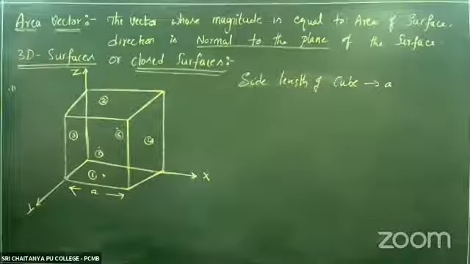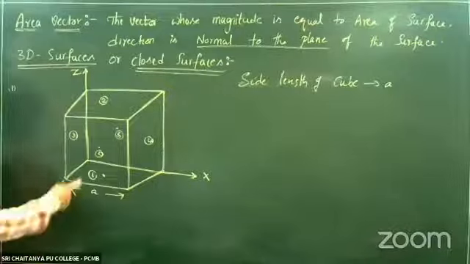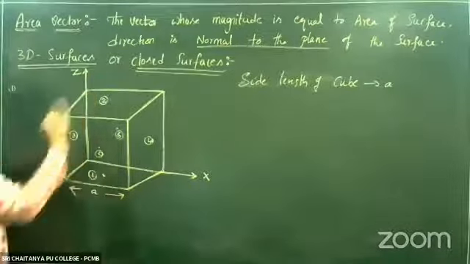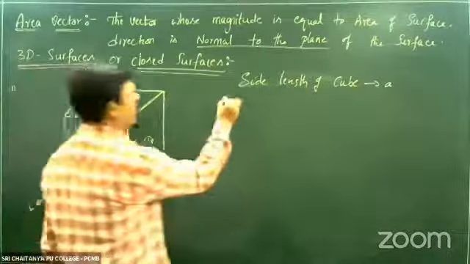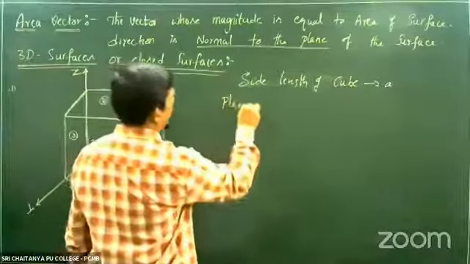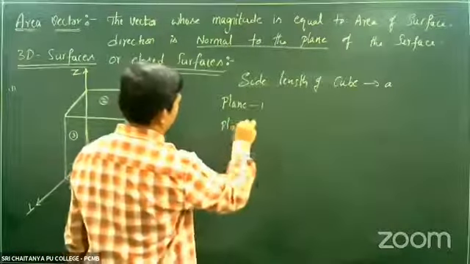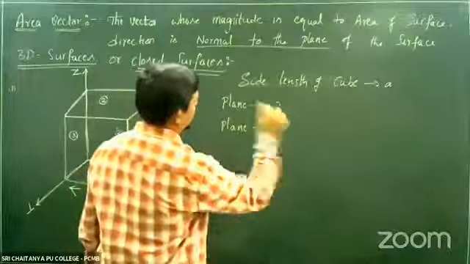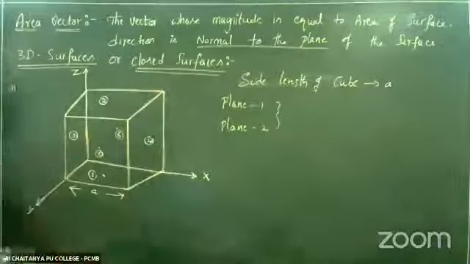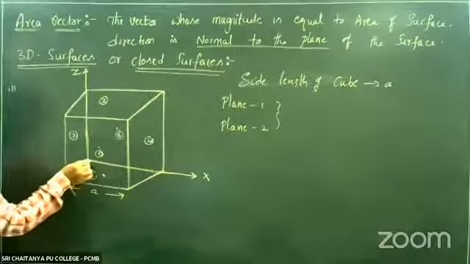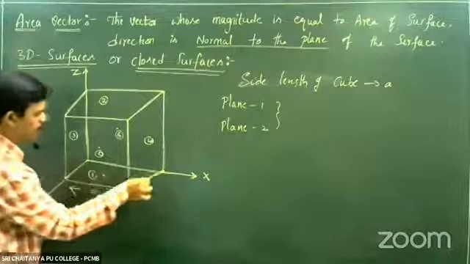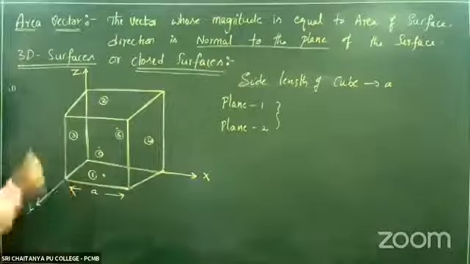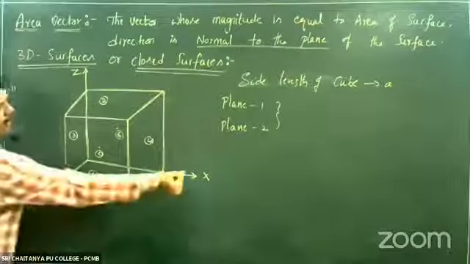Okay. Now, what about these planes? Planes 1 and 2. What are these two? See which planes they are. This is plane 1. It is which plane?